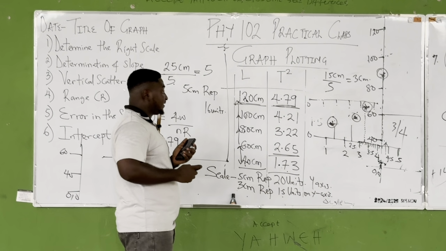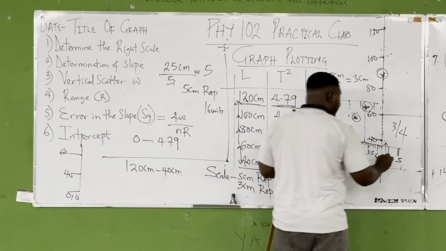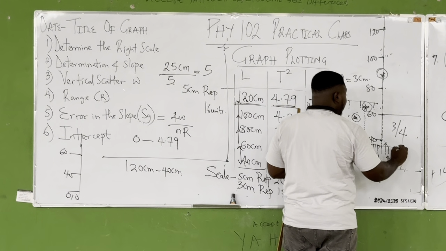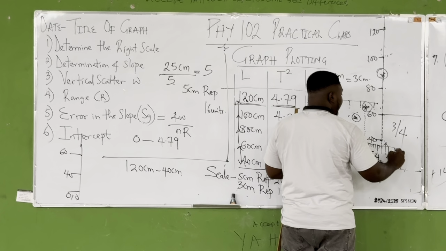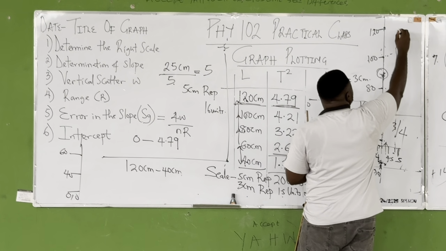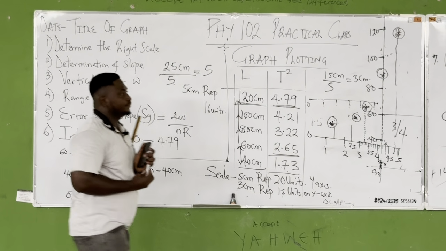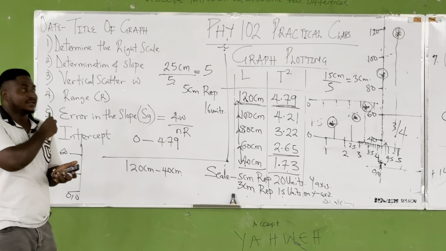And the last one, 4.79, must be after 4.5. So 4.79 must be somewhere here. And you've gotten your 5 points.